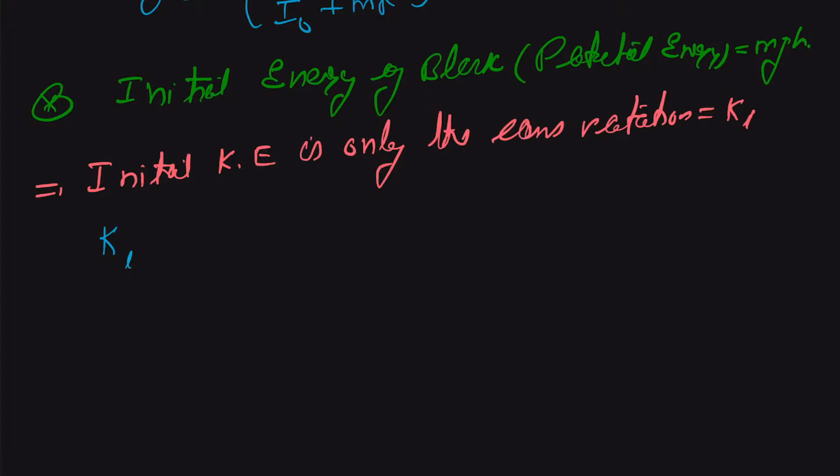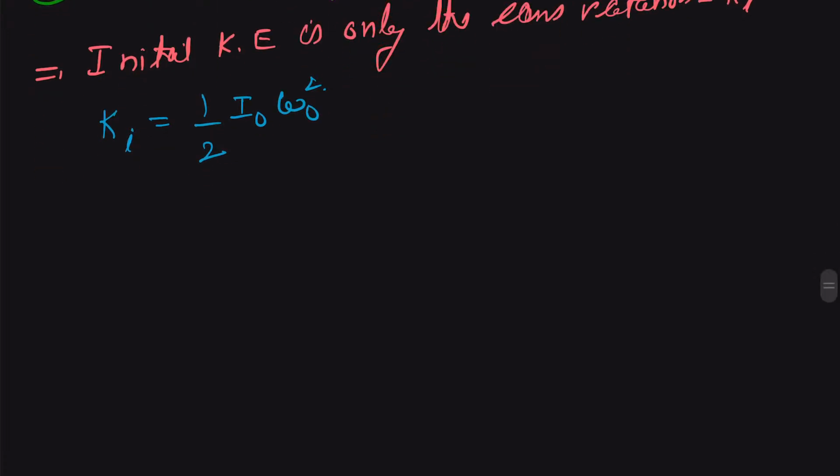Therefore K_i will be equal to half I naught omega naught square, and at the bottom the block's potential energy will be equal to 0, and there will be only kinetic energy associated with the block.